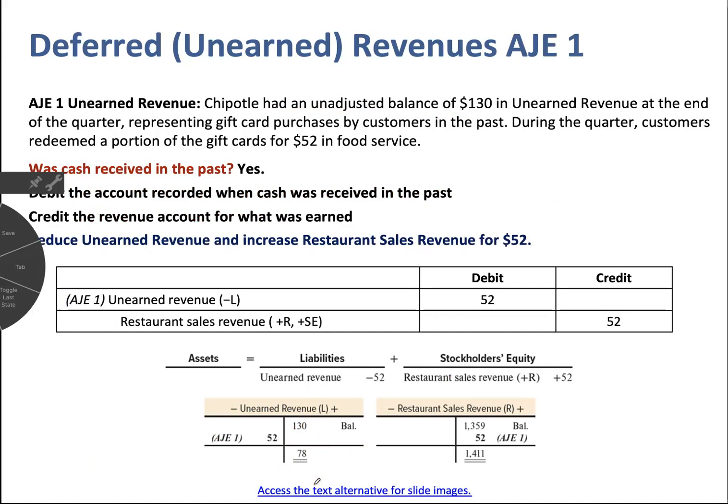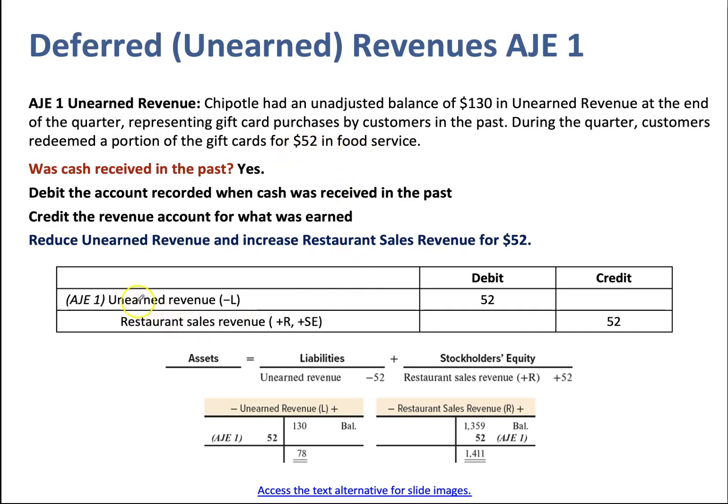So if you look at this adjustment, you should see that we need to adjust. As I said, we need to reduce our unearned revenue by 52. We also need to what? We need to recognize the 52 as revenue because we earn the revenue by providing the food services.